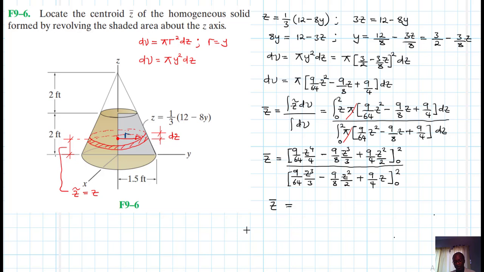So we have 9 divided by 64 times 2 to the power 4 divided by 4, minus 9 over 8 times 2 to the power 3 divided by 3, plus 9 over 4 times 2 to the power 2 divided by 2, then divided by 9 divided by 64 times 2 cubed divided by 3, minus 9 divided by 8 times 2 squared divided by 2, plus 9 divided by 4 times 2.